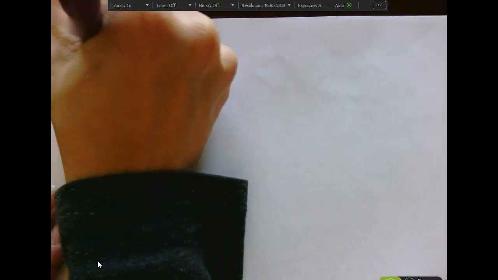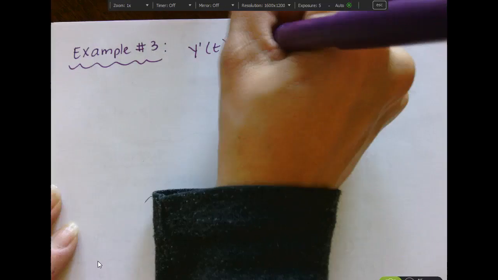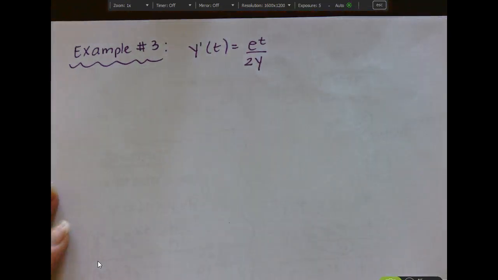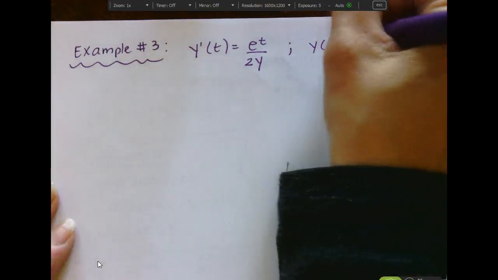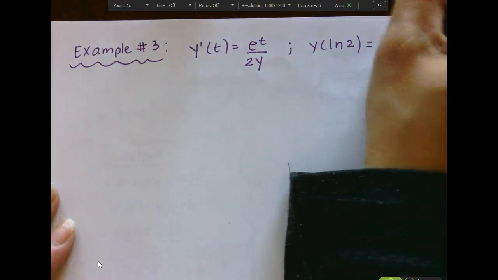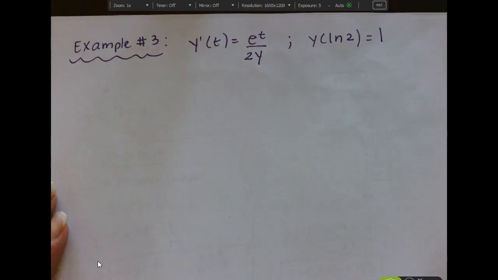So this is example number 3. And the differential equation that's given will be y prime of t equals e to the t over 2y. And you'll see that I'll also be given some information about an initial value or an initial condition.